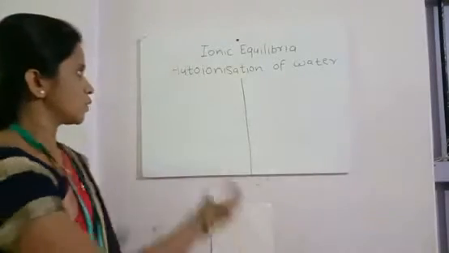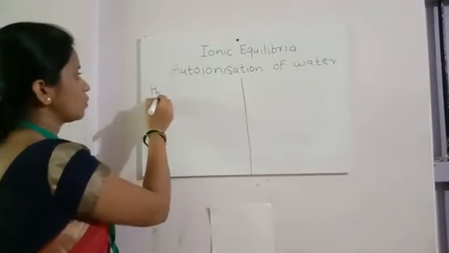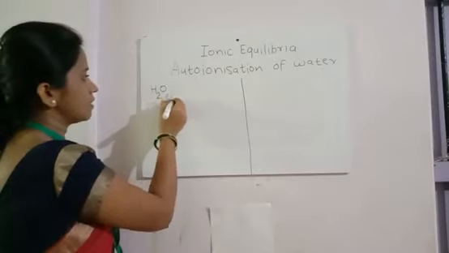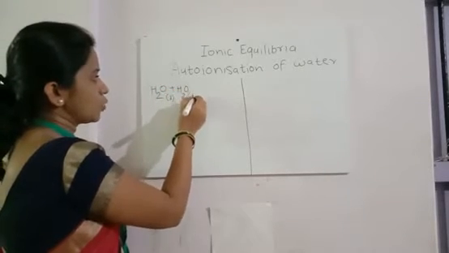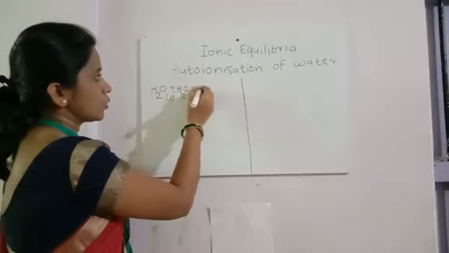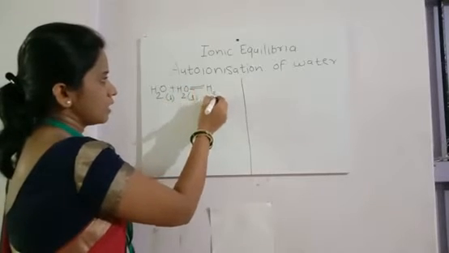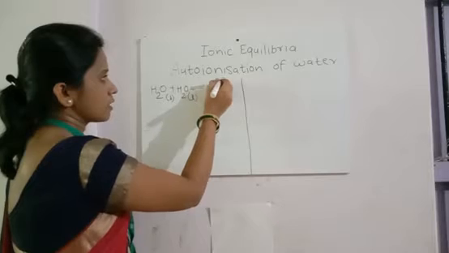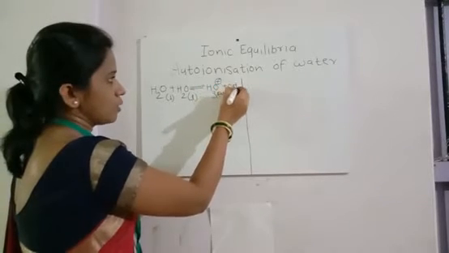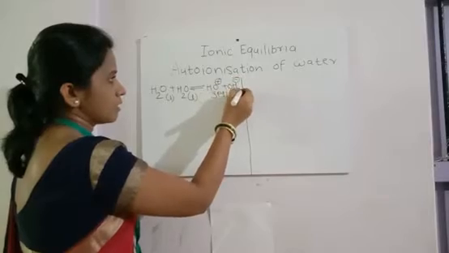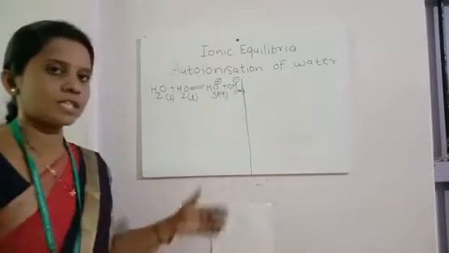ionization. So H2O liquid will react with H2O liquid to give H3O plus aqueous plus OH minus aqueous.